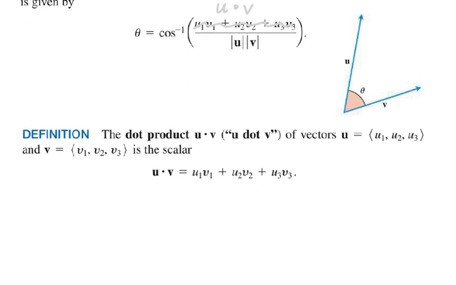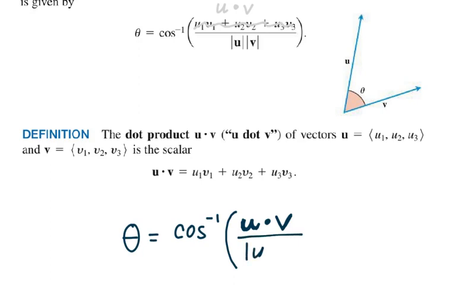So more or less, we can take that equation over there and say we can calculate theta, the angle between two vectors, by saying cosine inverse, and my argument, the numerator, is u as a vector, bold, dot, bold, v, over the magnitude of u times the magnitude of v.